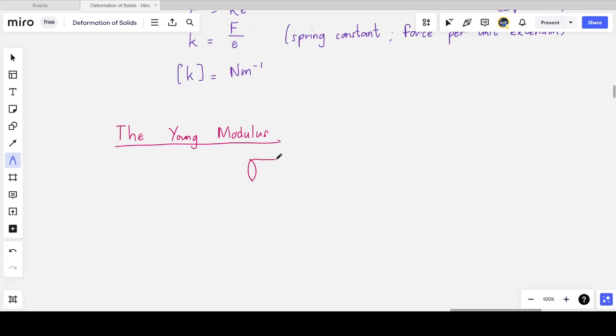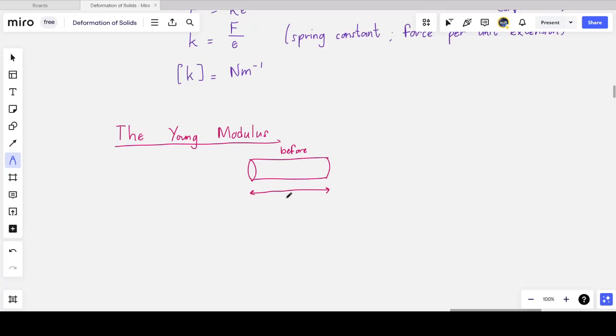So I'm going to assume that I now have a solid that's a cylinder. A solid uniform cylinder that has the same mass per unit length throughout. And I'm going to apply a tensile force on the cylinder, and I'm going to stretch it out. So it's not necessarily a very stretchy material, but even still I can apply a force and make it stretch outwards.